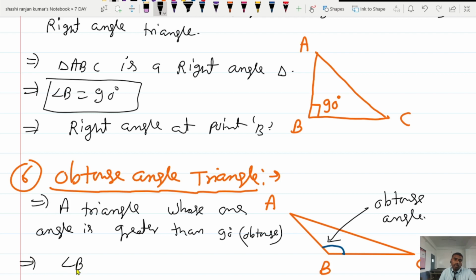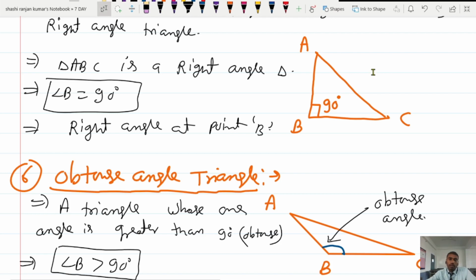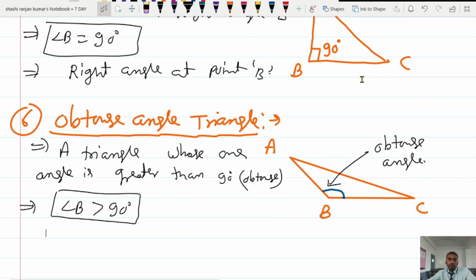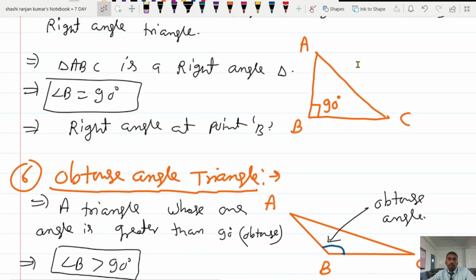Here this angle B is greater than 90 degrees, so this is an obtuse angle triangle. These are the different types of triangles we have discussed here. Any question up to this point? Okay. Next. Okay, good. You have to also write and send it to me.